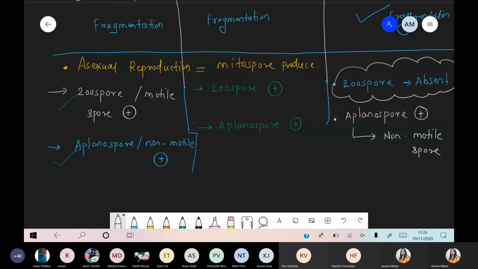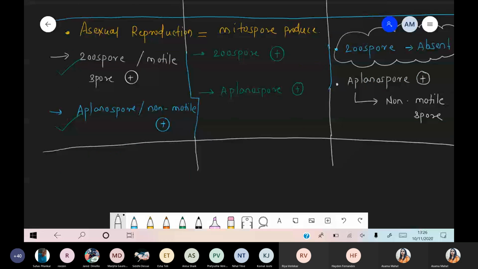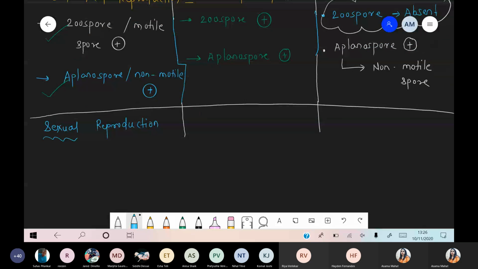Okay, and the last point we are talking about is sexual reproduction. It is very common. Again, three types of sexual reproduction are present: isogamous, anisogamous, oogamous.